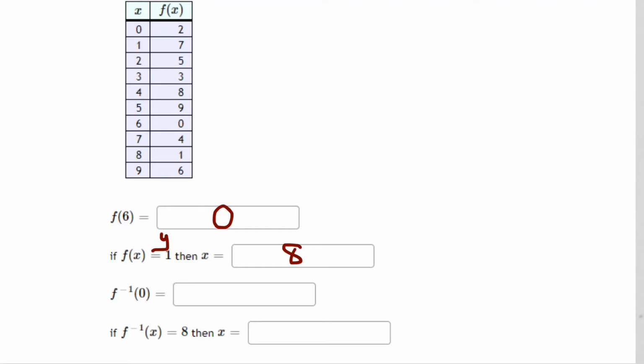So let's make a little arrow diagram. When x is 6, the output is 0, so I'm going to say 6 maps to 0. And then when x is 8, y is 1, so I'm going to say 8 maps to 1.